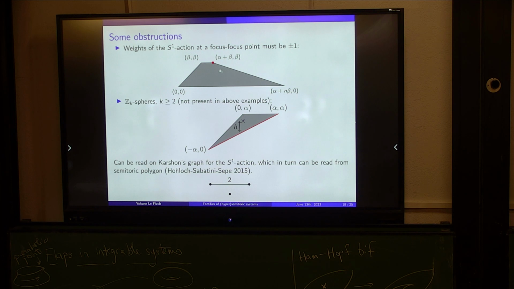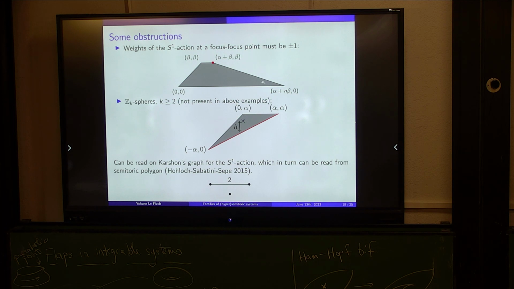One way to see it is, as Joey said, you can read these things on the marked semitoric polygon. Okay, I've removed the markings because you don't need them in this one. But your elliptic point, the corresponding value, will lie on a vertex of the polygon. And look at the slopes of the edges emanating from this vertex. Here, the slope of this one is 1 over n minus 1, I think, yes.